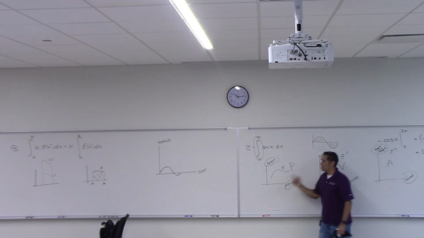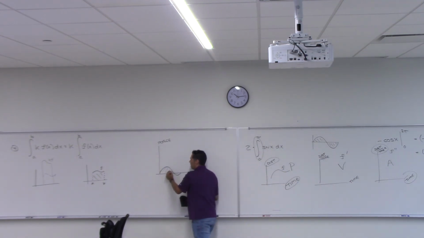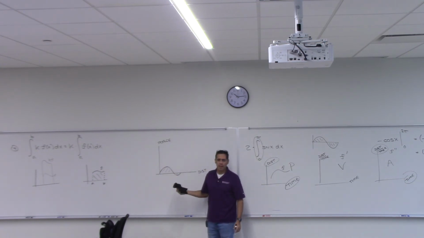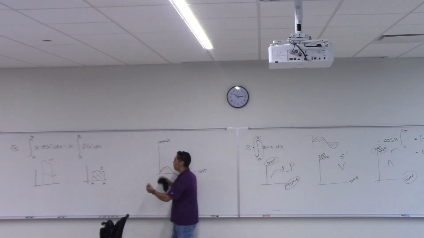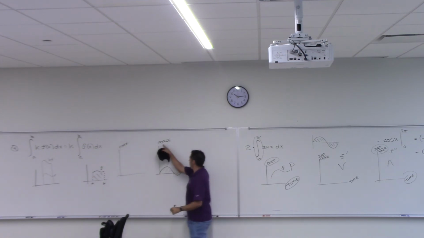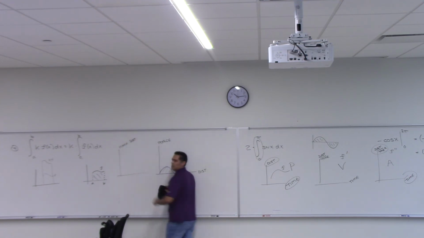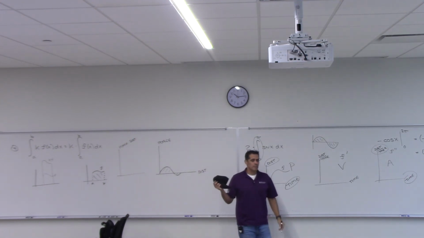So from this picture, if I were to do an antiderivative, which would represent the area, what unit would it be giving me on the y-axis? Force times distance. Does anyone know what that's called in physics? Work.